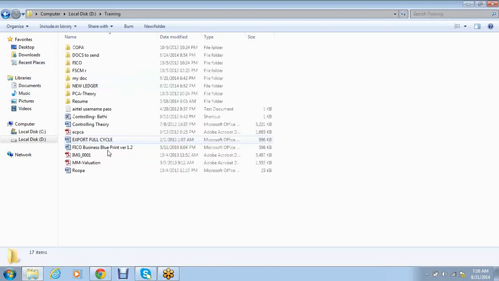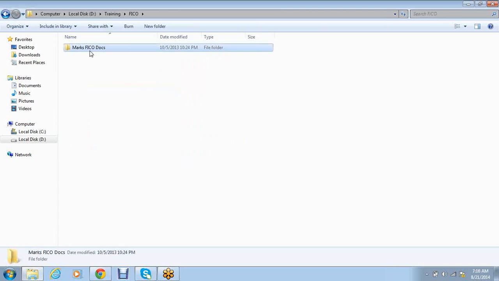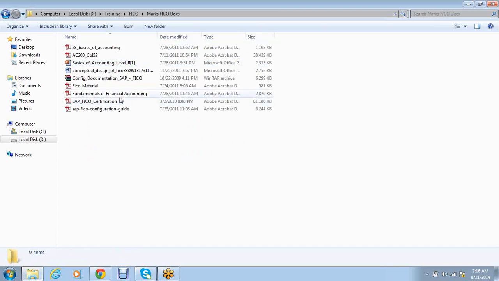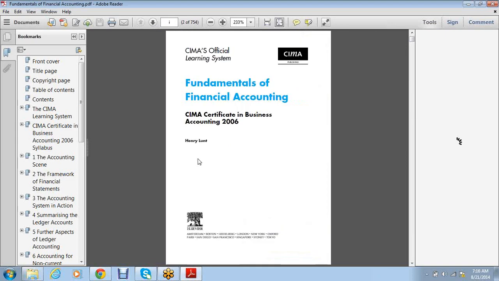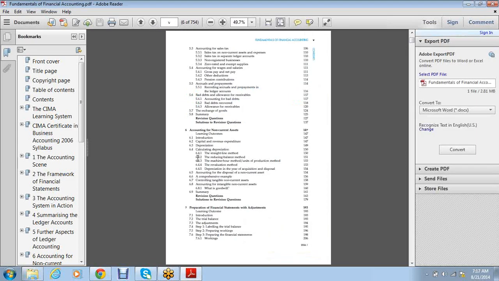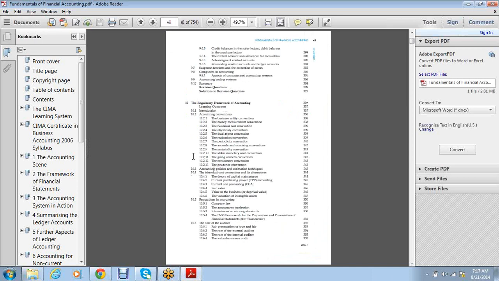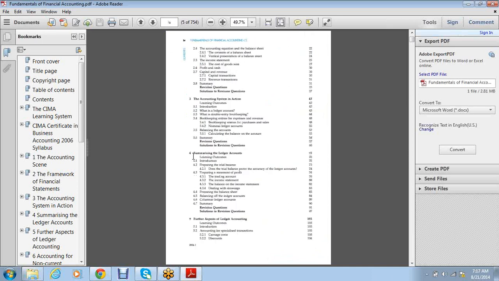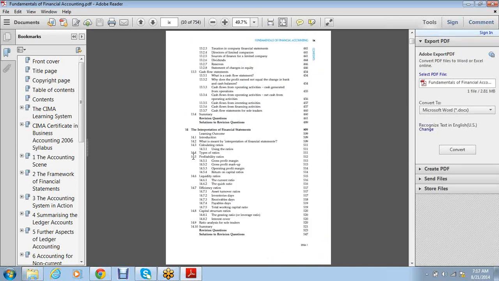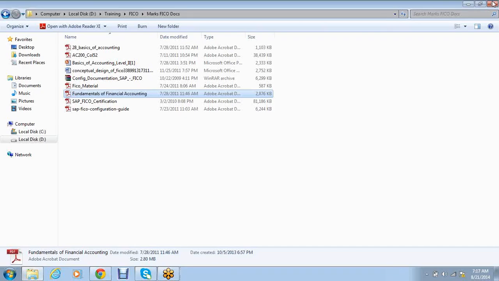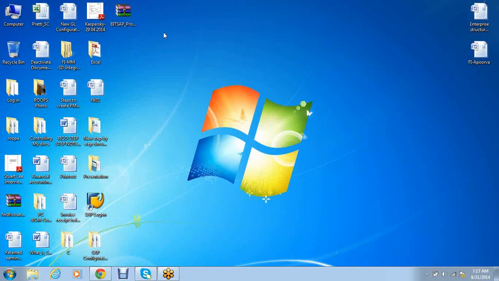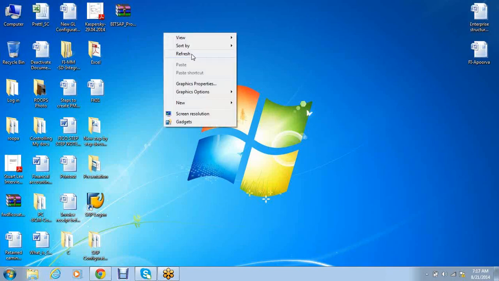I'll start with the basics of accounting. But whenever you get time, try to get an accounting book meant for intermediate students, plus two students. Since you are looking to learn more about FICO and are planning to write the certification, I'd suggest an intermediate students' book, because it will help you understand in more detail, with more and more examples.